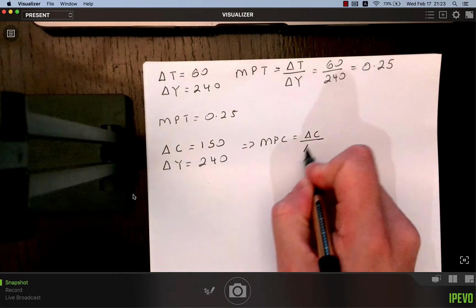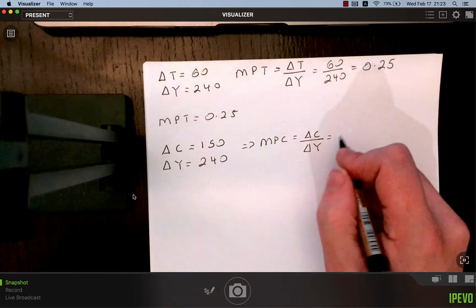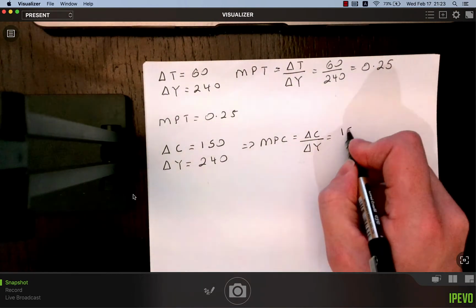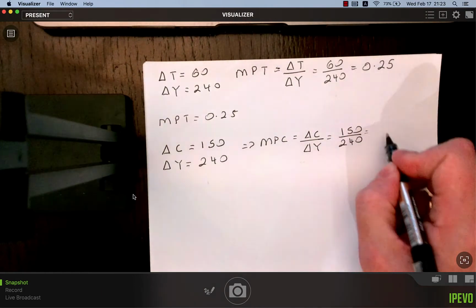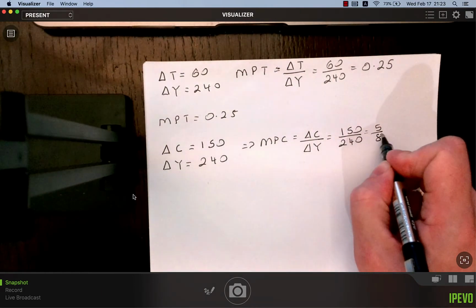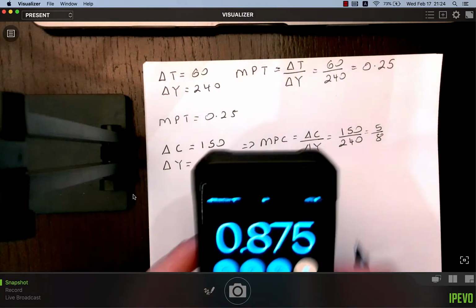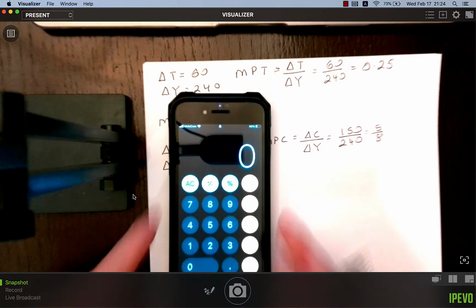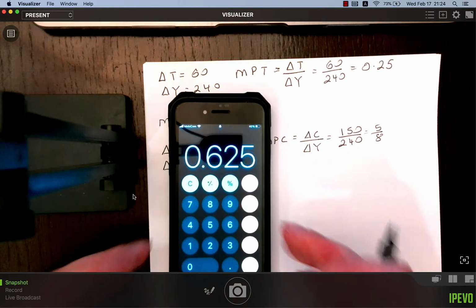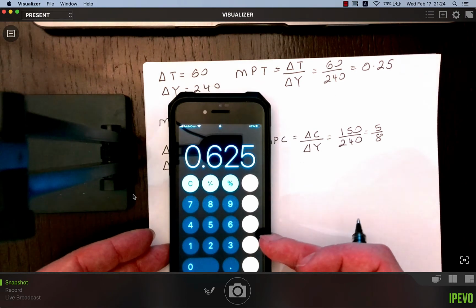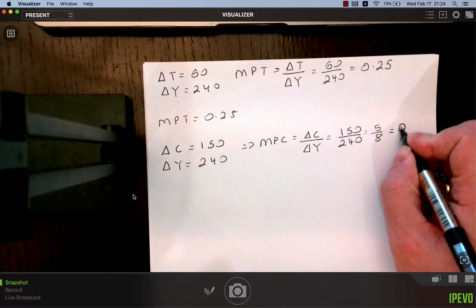Of course, these deltas, these triangles, mean change. So it's 150 over 240, which is 5 over 8. And then the trusty iPhone comes out: 150, because I don't trust myself, divided by 240 equals 0.625. Okay, this isn't going to be easy.